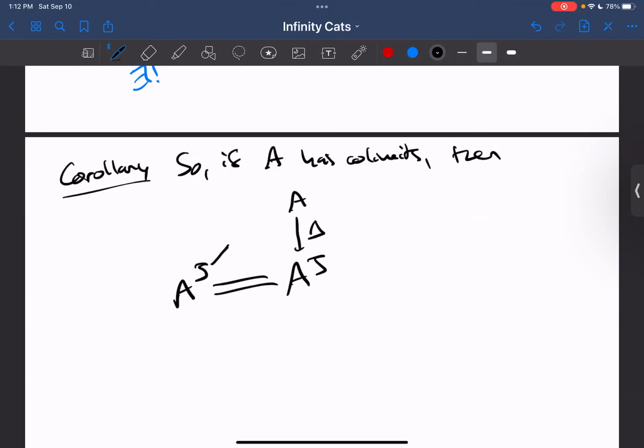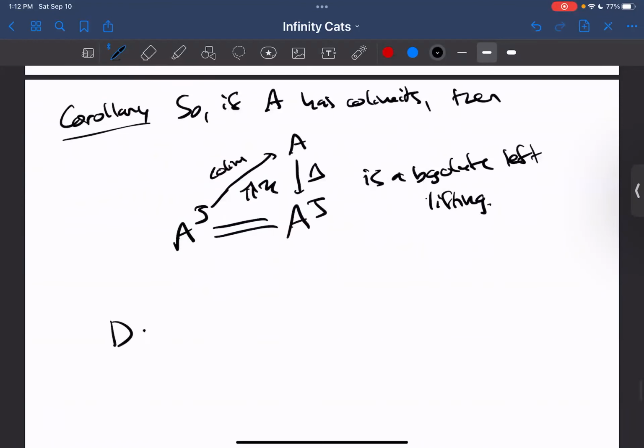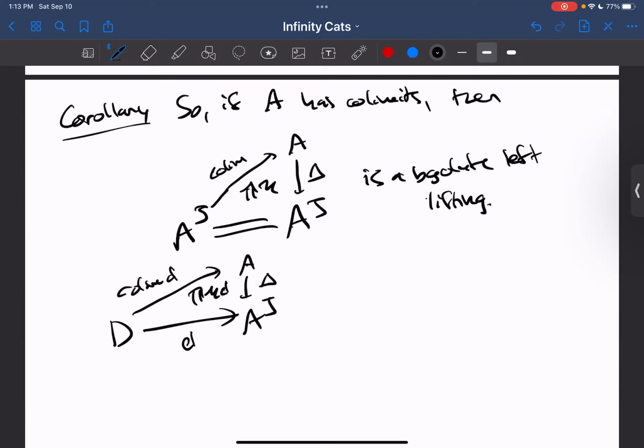And we're going to put the left adjoint, which is colimit, along with the unit, is an absolute left lifting. And by our lemma earlier, this tells us that if we have any D going off by D to A to the J, then colim composed with D up to A, down by delta, along with A to D, is an absolute left lifting.